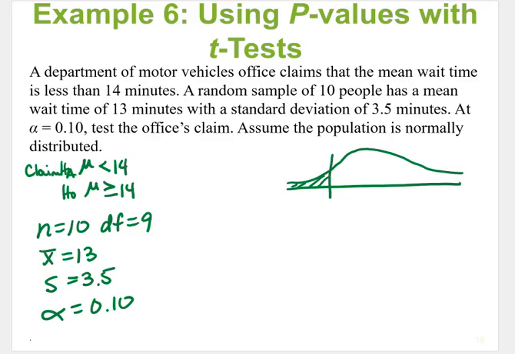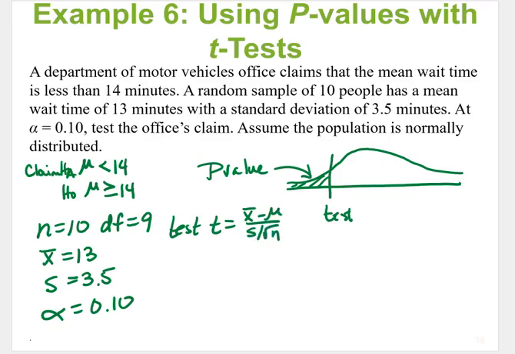Excellent. Okay, so we are going to use our test statistic. So this is going to be our test t, and we're going to use that to find our p-value, which will be right here. All right, so let's find our test statistic. So our test t is going to be, again, x bar minus mu over standard deviation divided by the square root of n.